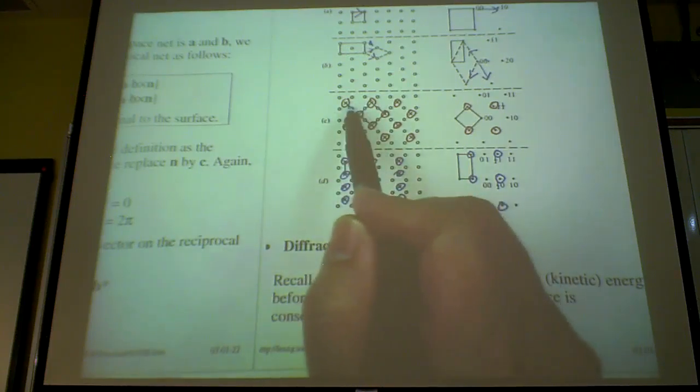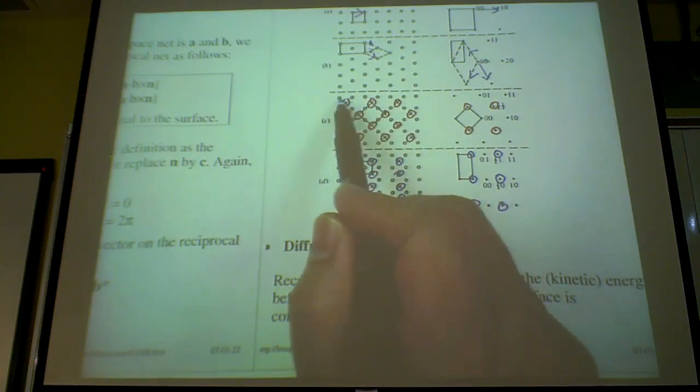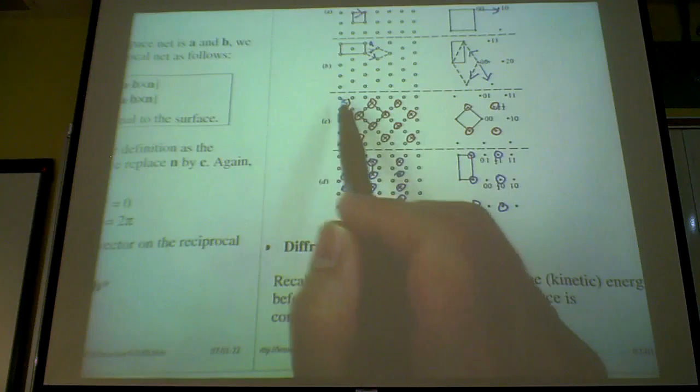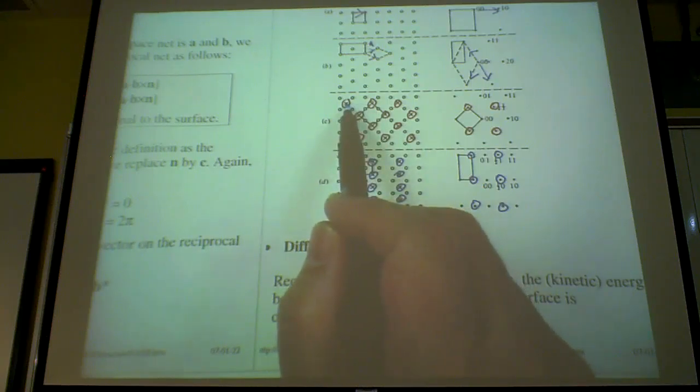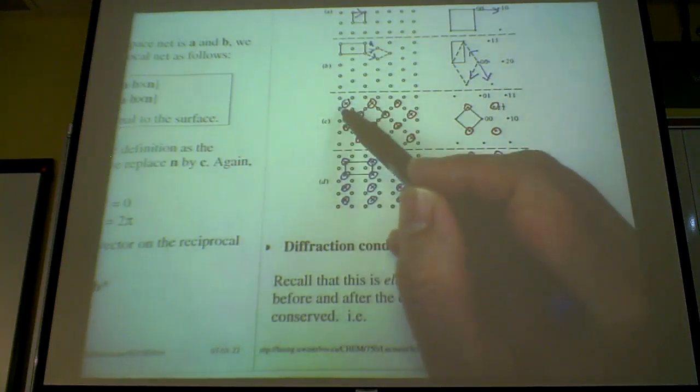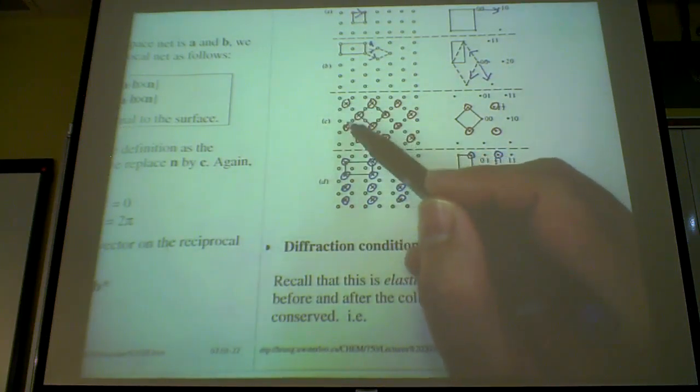You see the spacing between here and here, right? Let's call this one A spacing. Then the separation between two crosses is 2A, isn't it? And if I call this one B spacing, then the separation of this is 2B.